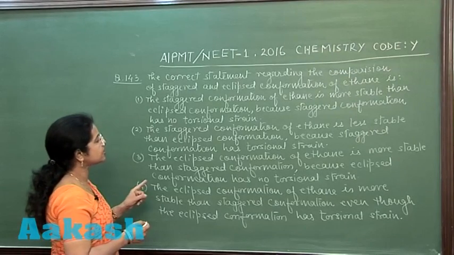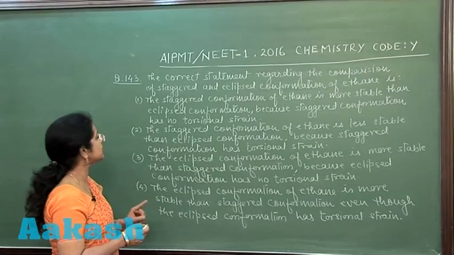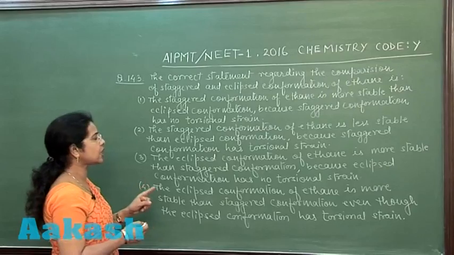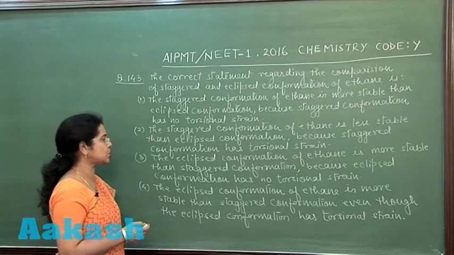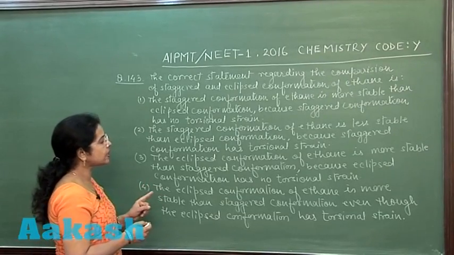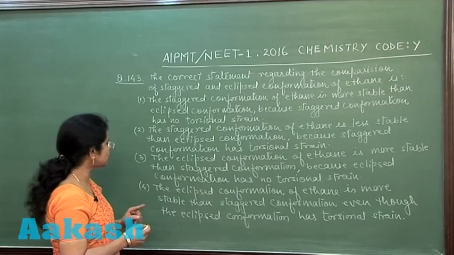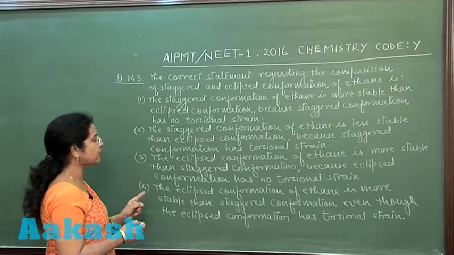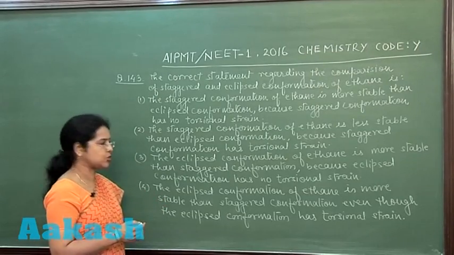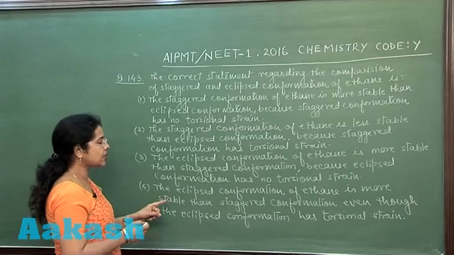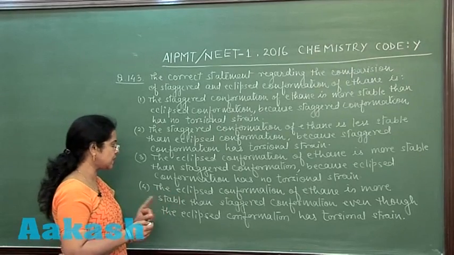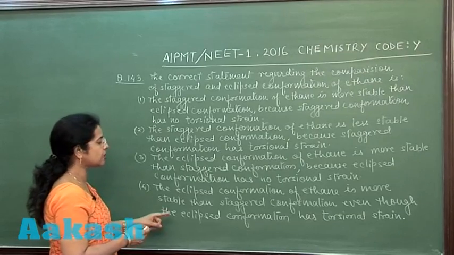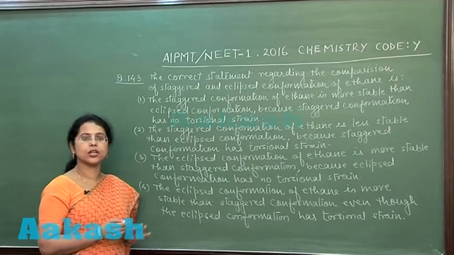Second option is the staggered conformation of ethane is less stable than eclipsed conformation because staggered conformation has torsional strain. Third option is the eclipsed conformation of ethane is more stable than staggered conformation because eclipsed conformation has no torsional strain. Fourth option is the eclipsed conformation of ethane is more stable than staggered conformation even though the eclipsed conformation has torsional strain.